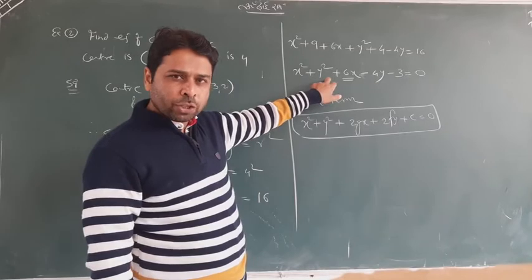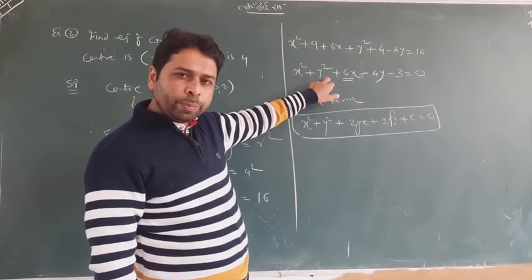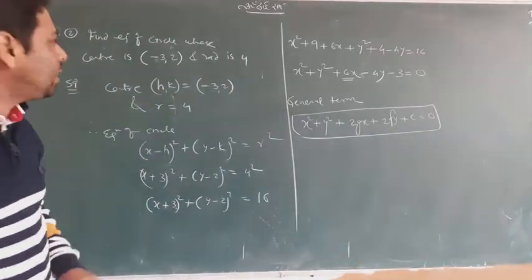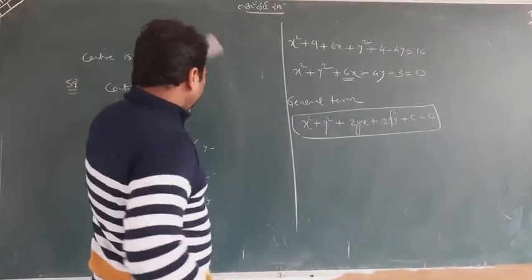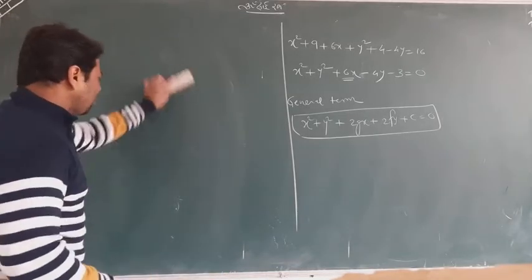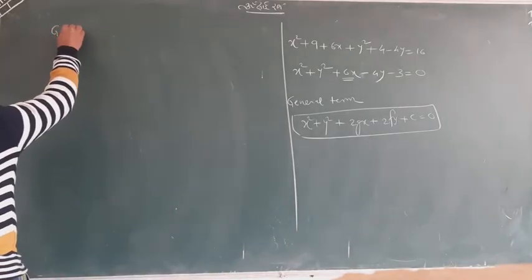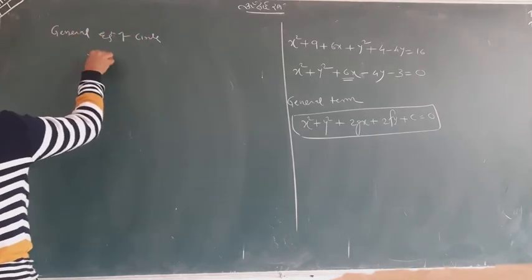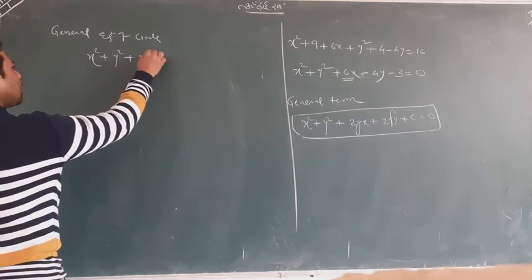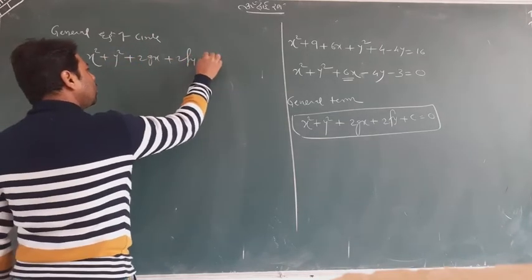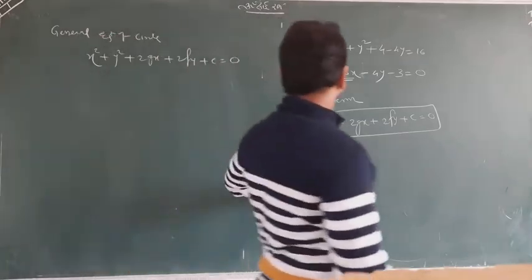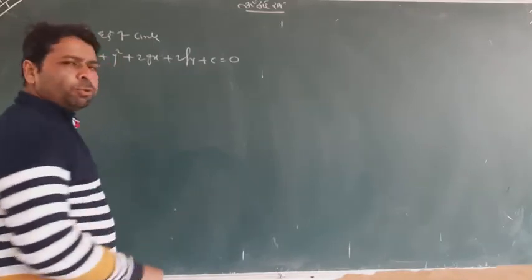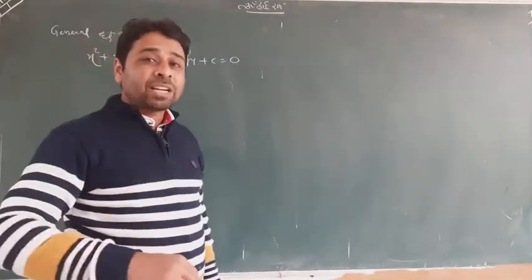The equation will definitely be given in the general form of a circle, x square plus y square plus 2gx plus 2fy plus c. This is my circle, and now I will tell you how you can find the center and radius.